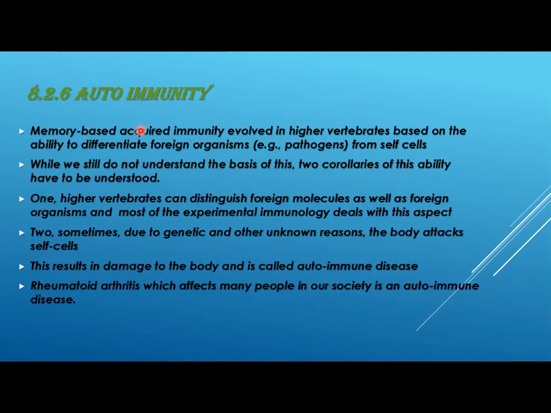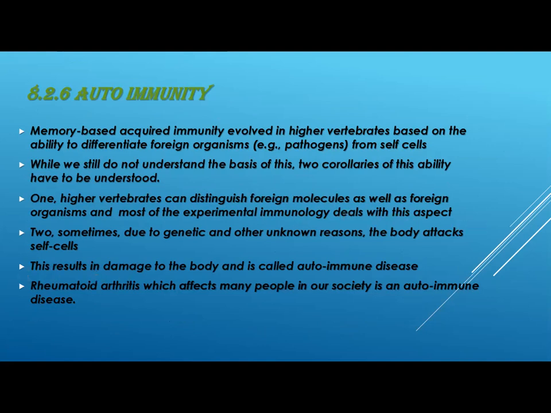Autoimmunity. Memory based acquired immunity evolved in higher vertebrates based on the ability to differentiate foreign organisms, for example pathogens, from self cells. While we still do not understand the basis of this, two corollaries of this ability have to be understood. One, higher vertebrates can distinguish foreign molecules as well as foreign organisms, and most of the experimental immunology deals with this aspect.